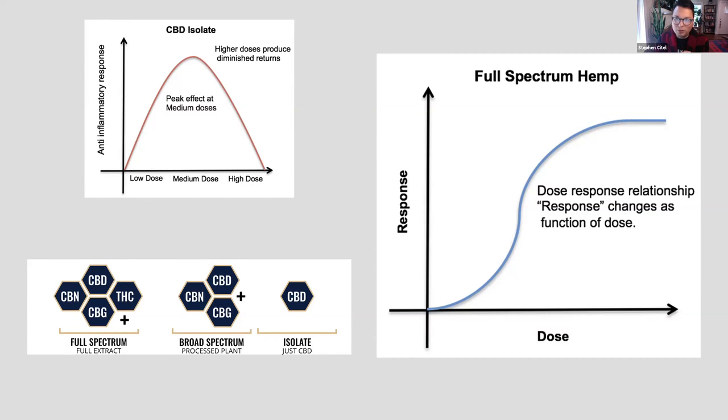And I think that's really because we're hitting several different targets with these full and broad spectrum products. So basically what I'm trying to say is, when we use a broad or a full spectrum product, we can generally lower the dose compared to an isolate product that we might be using in an animal instead.